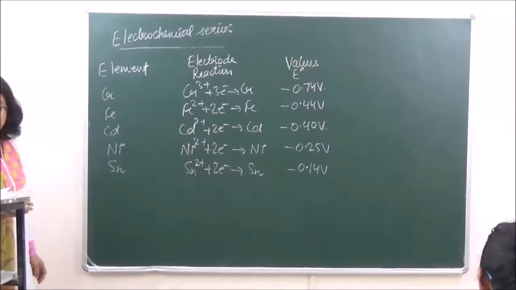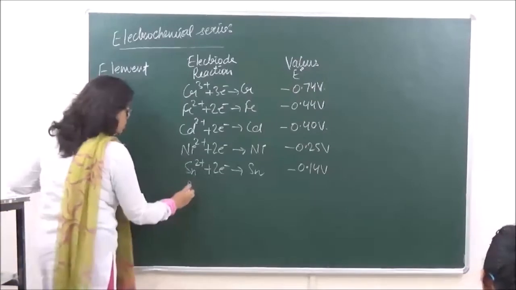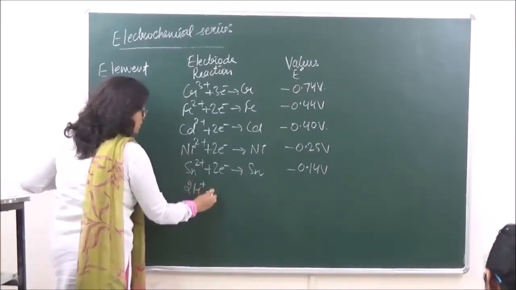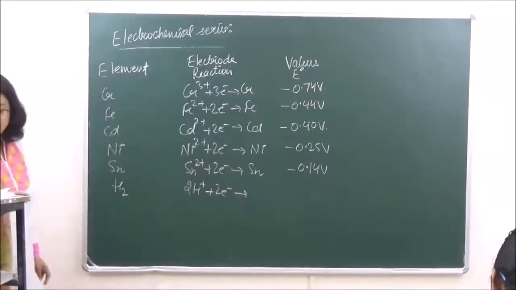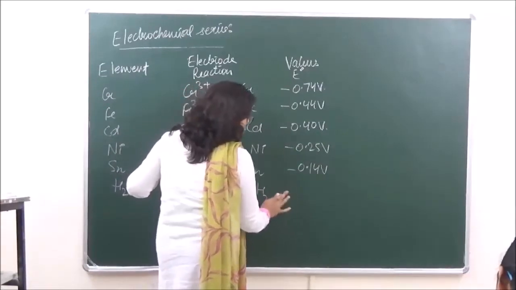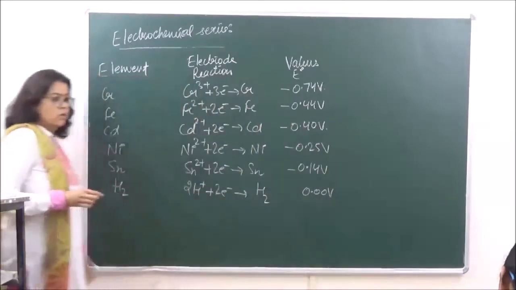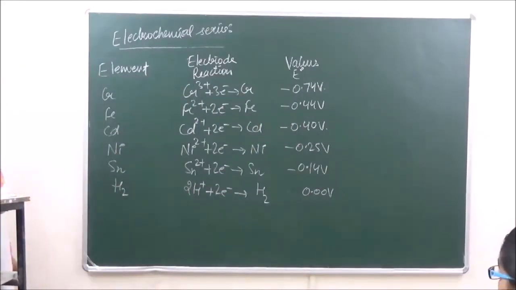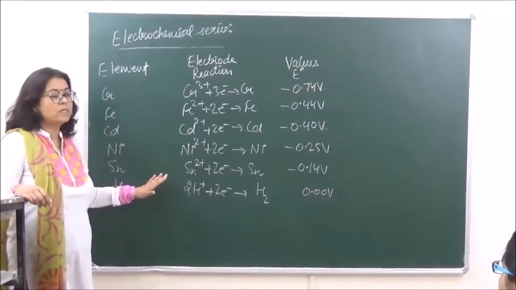Then after tin we have H2: 2H+ plus 2 electrons to give us H2, and this is the center with a value of 0.00 volts. So hydrogen is taken as the midpoint of the electrochemical series, where the reduction potential is 0, so the value of hydrogen is taken to be standard.